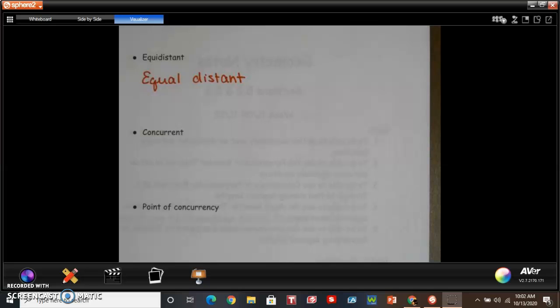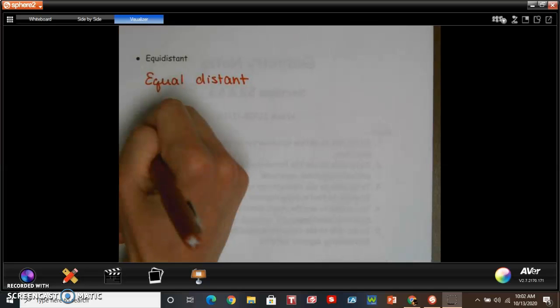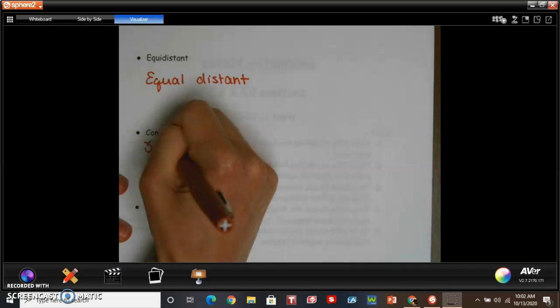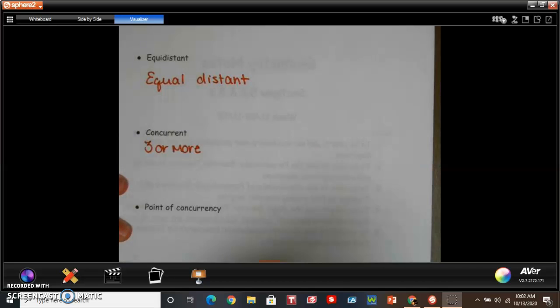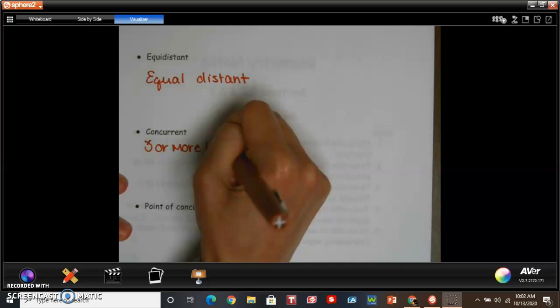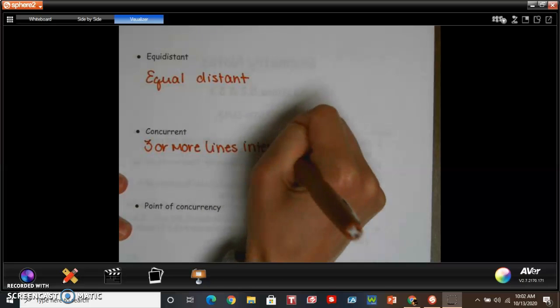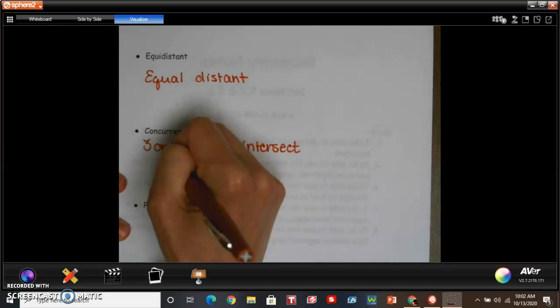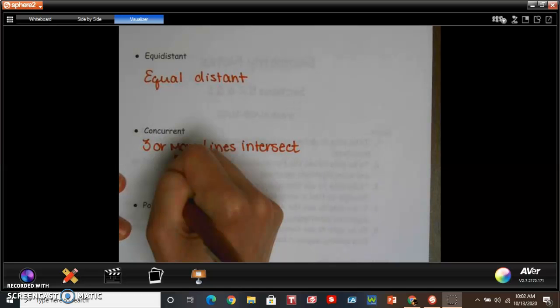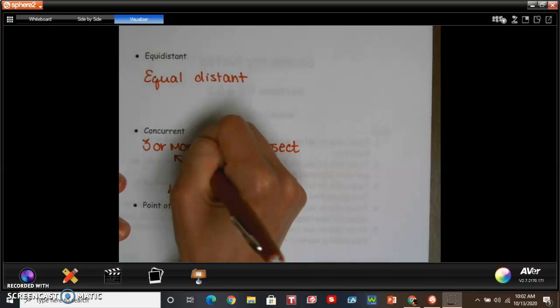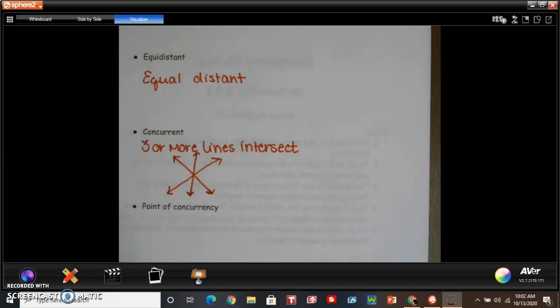All right, concurrence is whenever 3 or more lines intersect. Okay? So like right here is an example of something that is concurrent. All 3 of these lines are intersecting at one point.